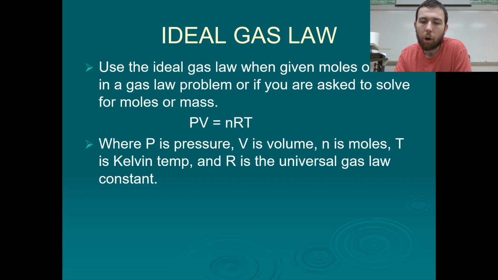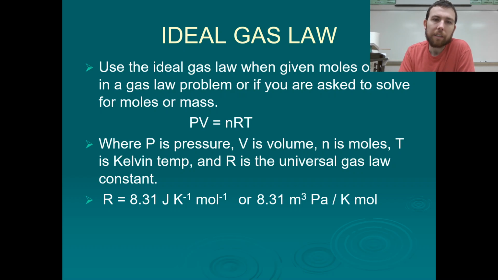Now remember, R has many different values based on the units you're dealing with. If we're looking at the R value of 8.31 joules per mole Kelvin, or 8.31 cubic meters times pascals per mole Kelvin, that would be your R value.